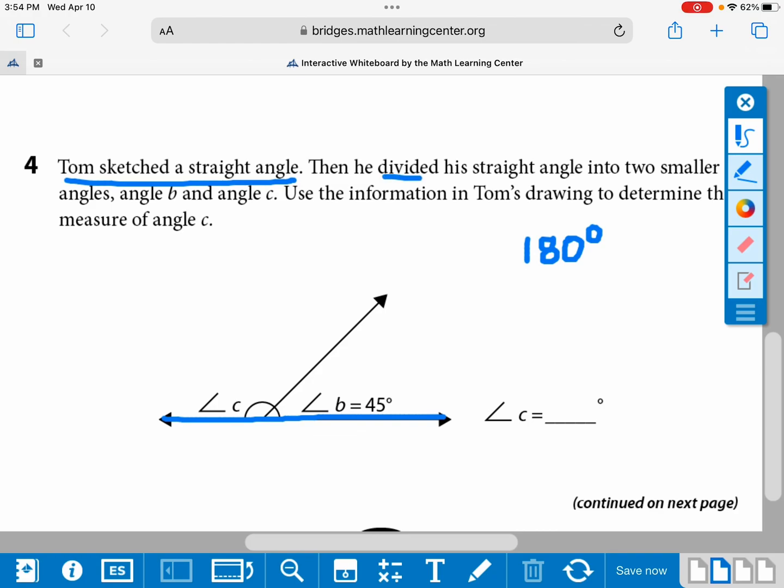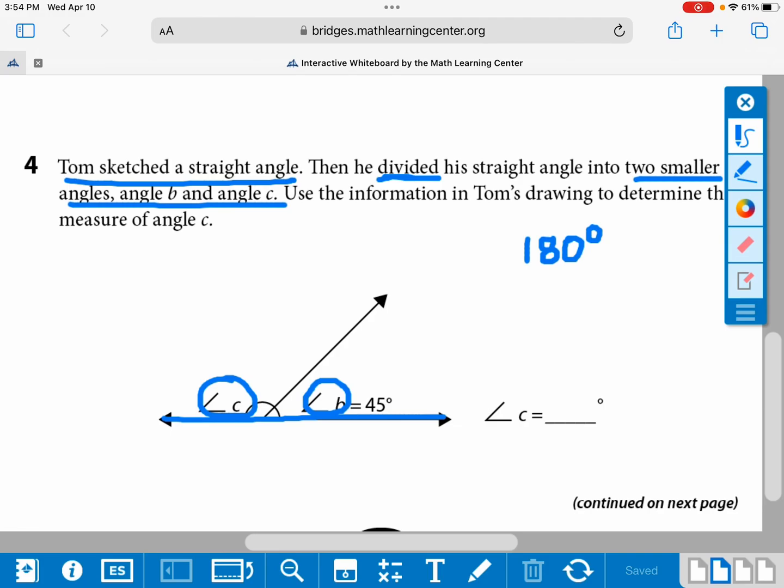Then he divided, which means he split up his straight angle into two smaller angles, B and C, which you can see right here. All right. Angle B is worth 45. We do not know what angle C is, so we need to find out what it is. What we know is that if we add angle B and C up, we get what this straight angle is, 180 degrees.